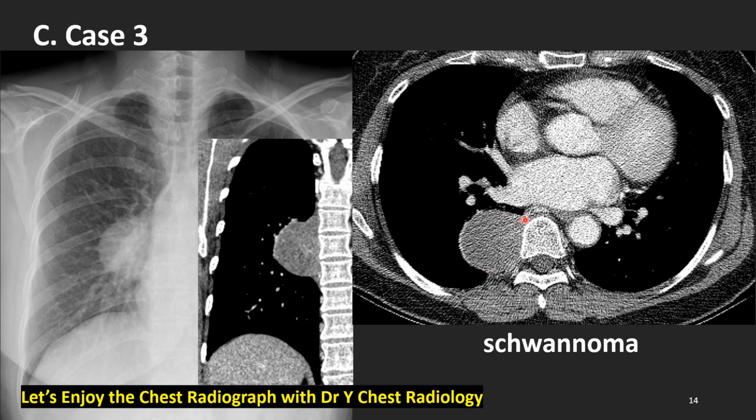Yes, this is not lung cancer, but a paravertebral compartment neurogenic tumor, schwannoma. Schwannoma is more likely to be heterogeneous after enhancement than neurofibroma. Neurofibroma is more likely to be homogeneous after contrast infusion.